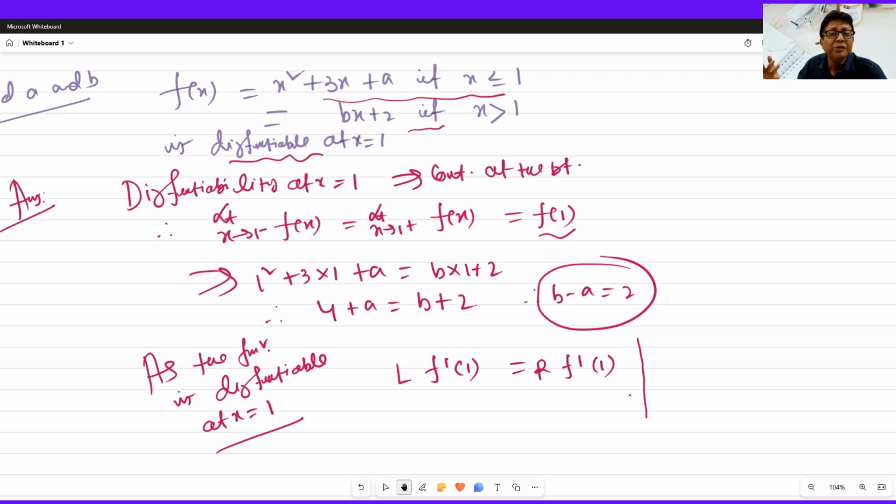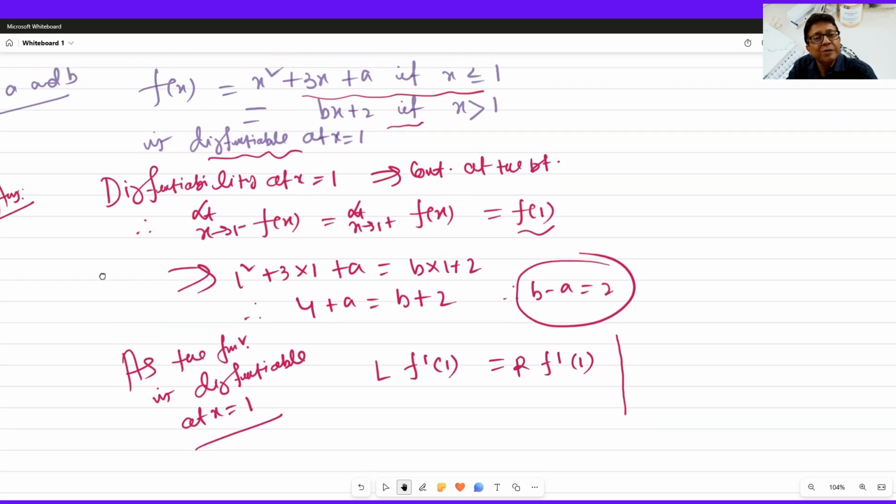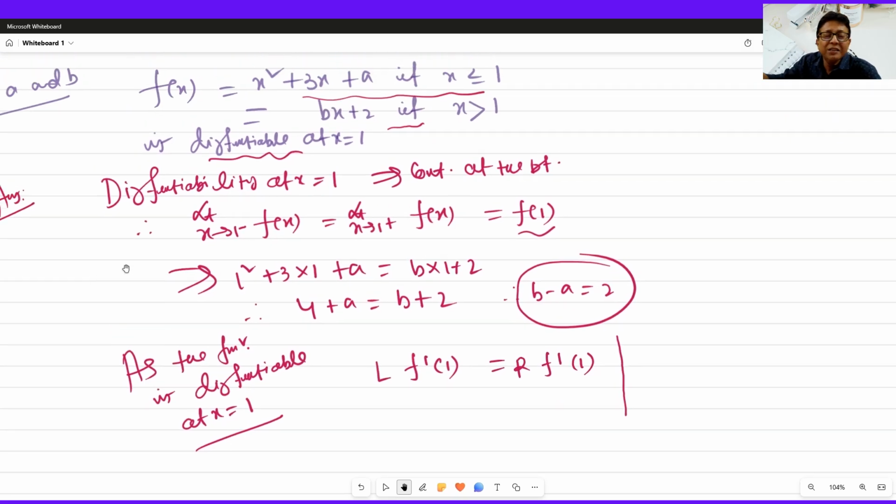There is no point where it is non-differentiable. So that you do for MCQ and for all entrance exams, but for board exam, I request you to apply this definition of derivative.